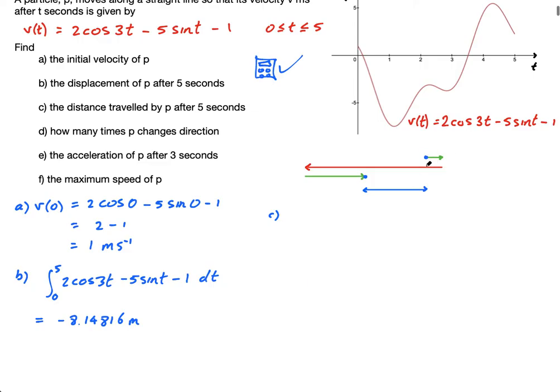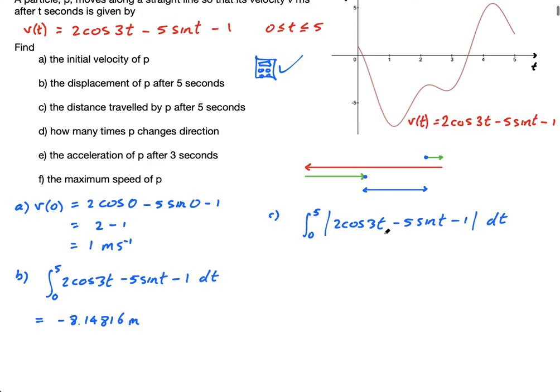So it'll just add this plus this plus this. So the distance traveled is the integral from 0 to 5 of the modulus of 2 cos 3t minus 5 sine t minus 1 dt.